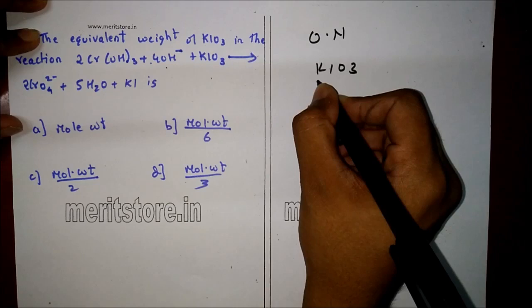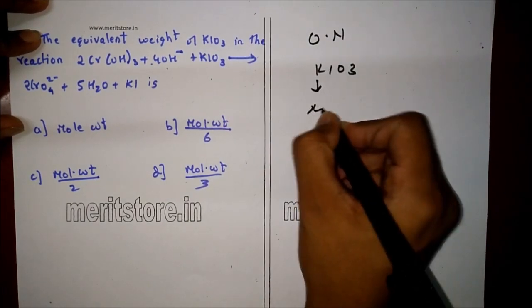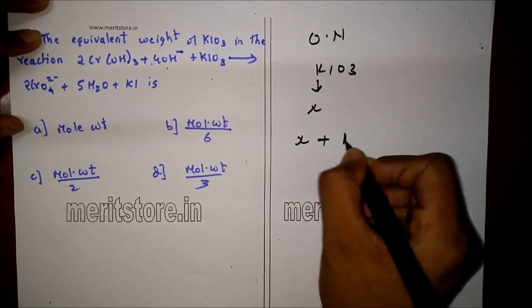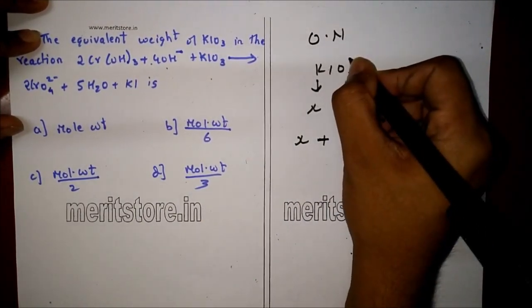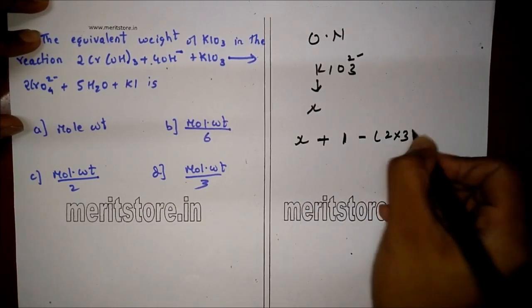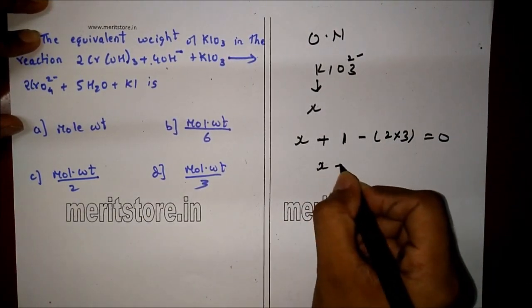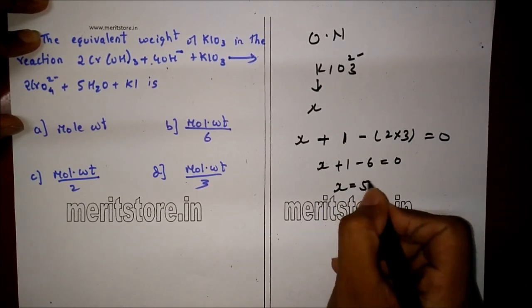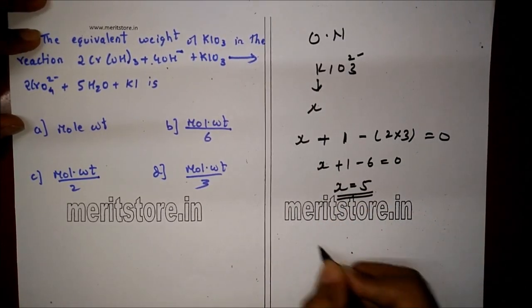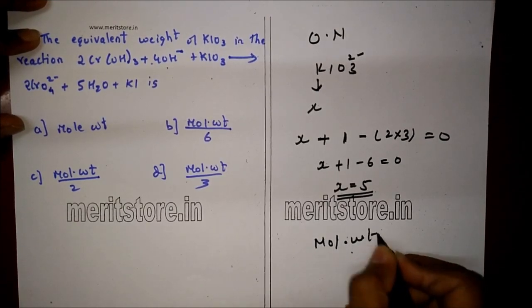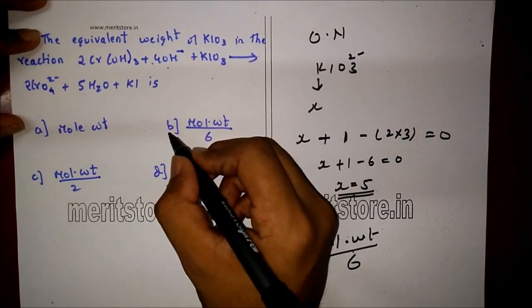Let the oxidation number of I be X, since we don't know. Therefore 1 plus X, and since this is O2-, minus 2 into 3, is equal to 0. X plus 1 minus 6 is equal to 0. Therefore X will be equal to 5. Therefore the effective oxidation number change is 6, so the equivalent weight will be molecular weight upon 6. Therefore the correct answer will be option B.